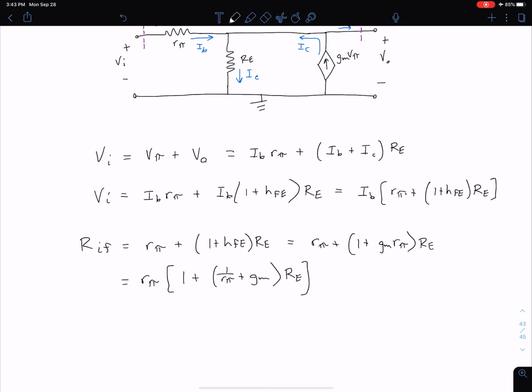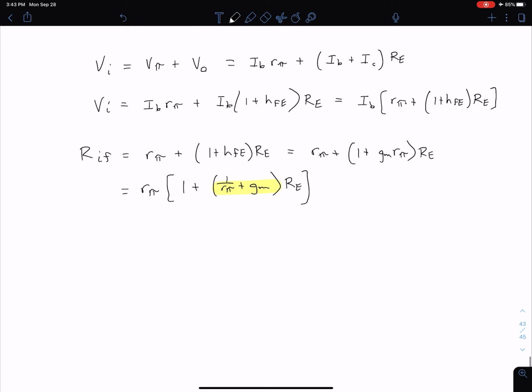So you're probably thinking at this point, why in the world am I doing this? Well, notice now we have this familiar term here, and so we can use that lowercase r sub e that we had defined previously, and we can say that our R sub IF is equal to R pi times 1 plus RE over lowercase r sub e.